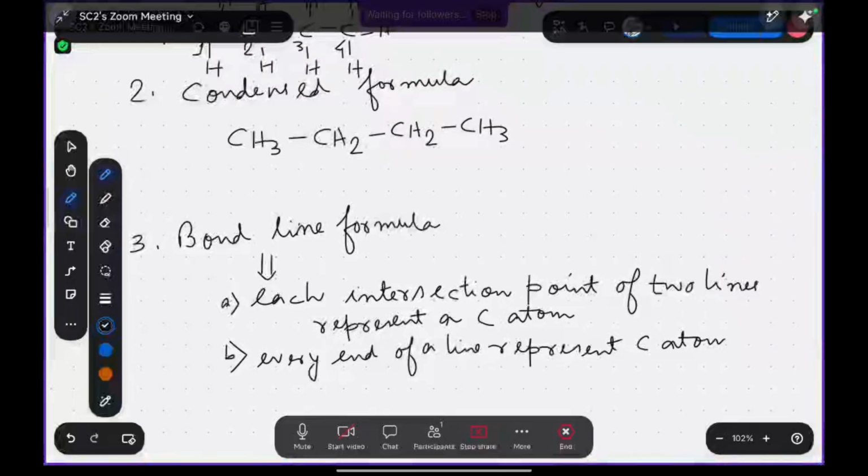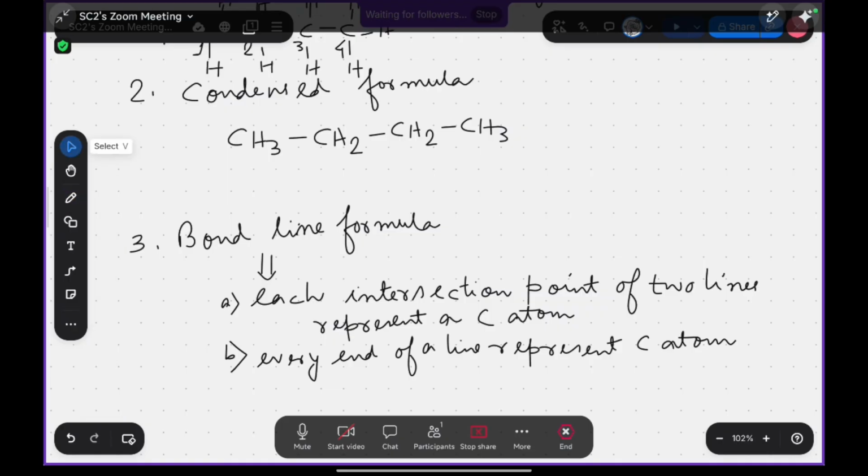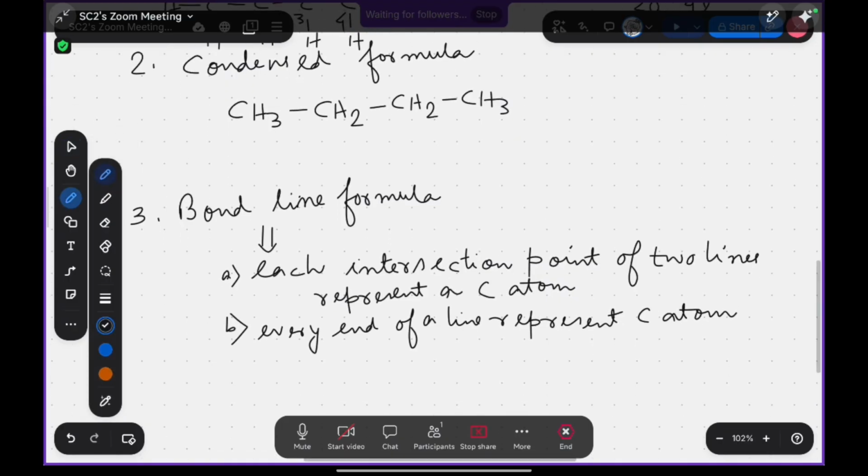Now suppose I want to show you the representation of butane C4H10 through the bond line formula. How will you do it? See, here we are having 4 carbon atoms, connected by 3 single bonds. Now see, how does it represent?